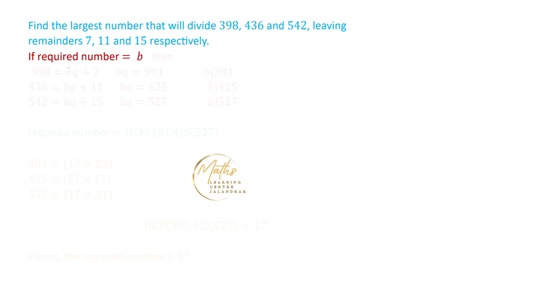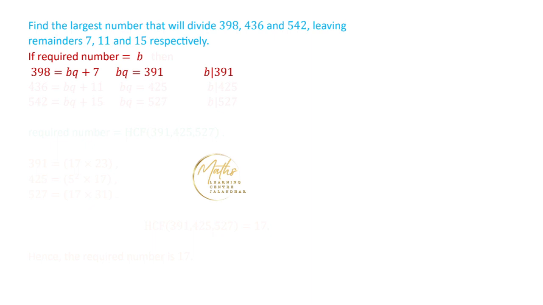Now it is given that when 398 is divided by b, it leaves the remainder 7. So by Euclid's division lemma, we have 398 equal to bq plus 7. From this, we obtain that bq is equal to 391. So this implies that b divides 391.